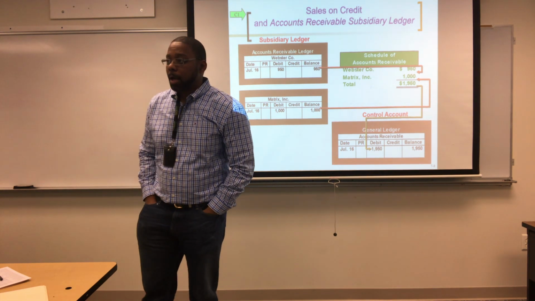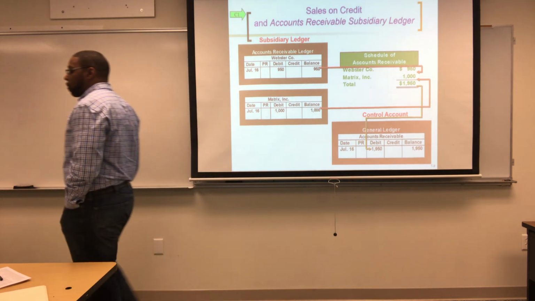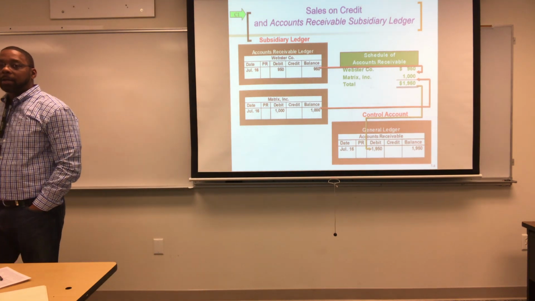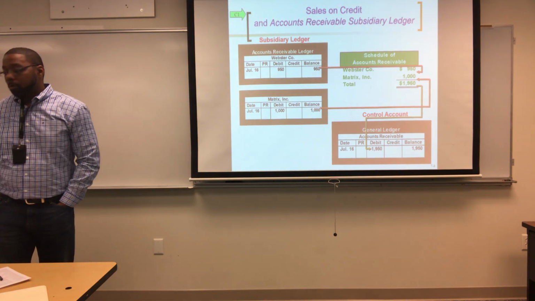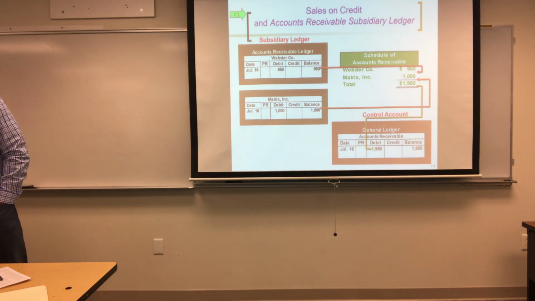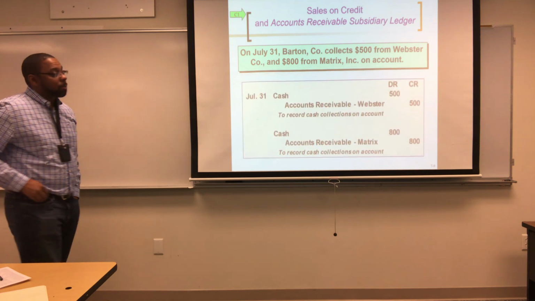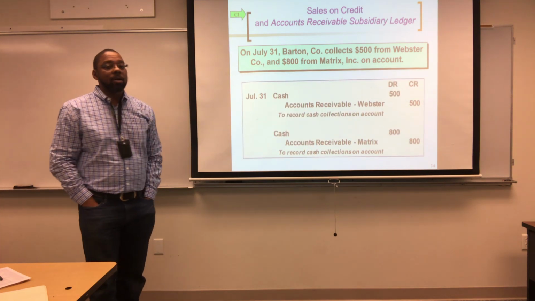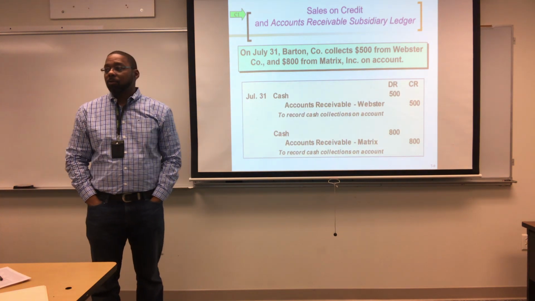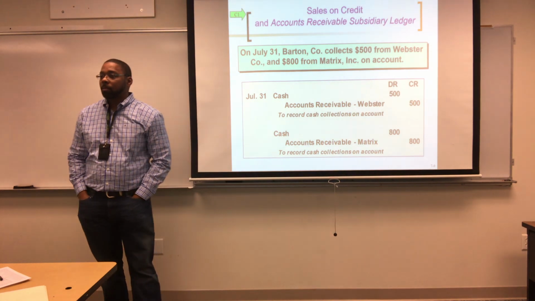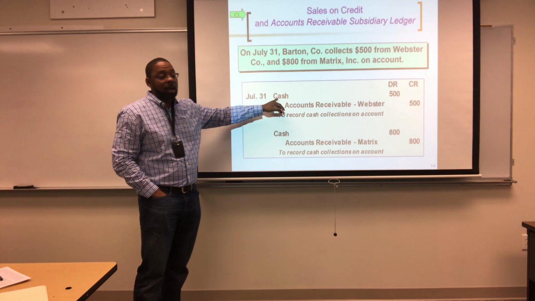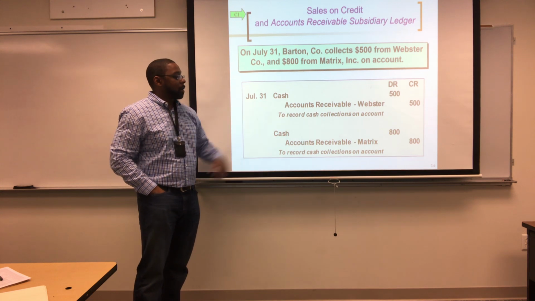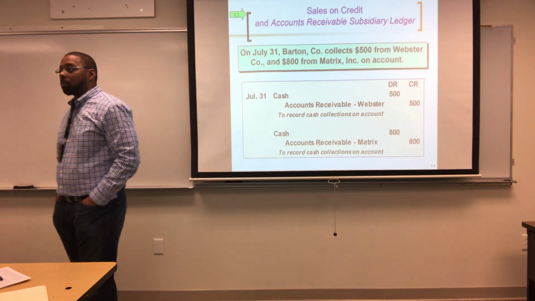And why we're going to do that is because we want to know exactly how much each client owes. So if later on, let's say on July 31st, Webster comes back and pays $500 and Matrix pays $800, we're going to debit the cash account and credit each of their individual accounts receivable.